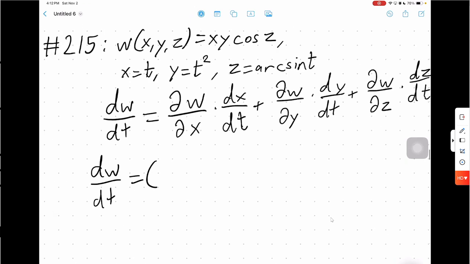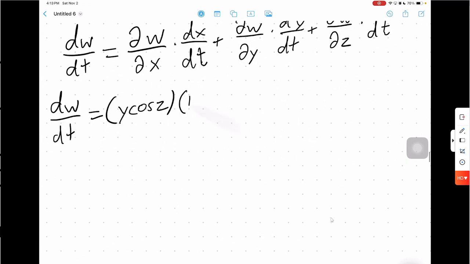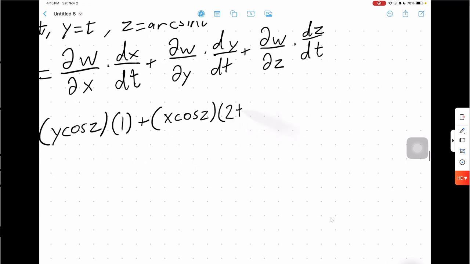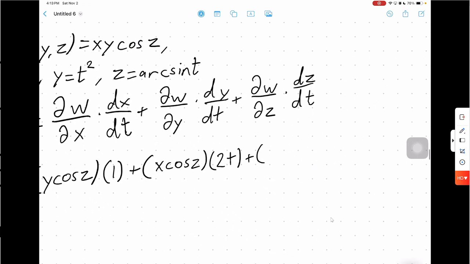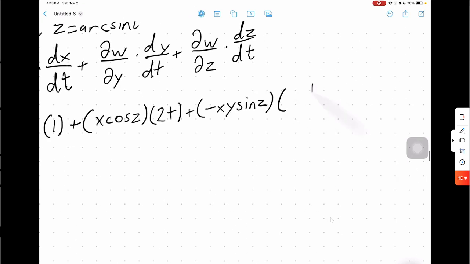So, partial of w with respect to x is going to be y cosine of z. dx/dt is going to be 1. Partial of w with respect to y, x cosine z, times 2t. And finally, partial of w with respect to z, negative xy sine z, times dz/dt, which is 1 over the square root of 1 minus t squared.